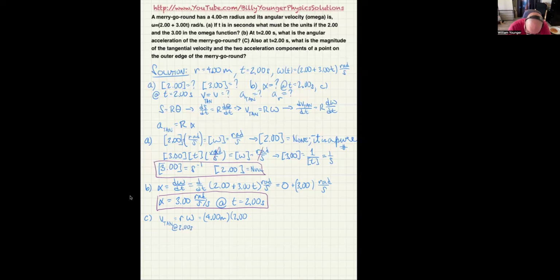Okay, so it's 2.00 plus 3.00 t. Actually, I'll go ahead and plug in the t. It is supposed to be a t there, but I'm going to write it as 2.00 seconds. Close parentheses, close bracket. I'm turning that parenthesis into a bracket. And then times the units that we had outside of it, radians per second.